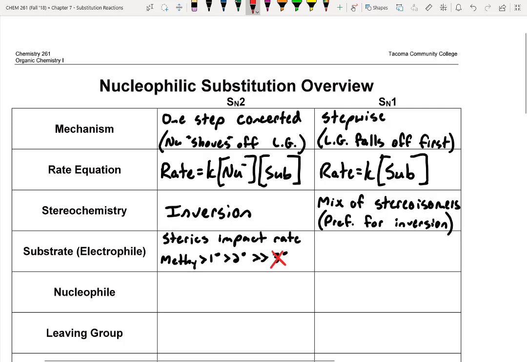All right, with Sn1 reactions, the story is a bit different. It's not sterics that we're concerned with. Instead, it's carbocation stability. And we know from experience that resonance is the best, which is better than a tertiary carbocation, which is better than a secondary, which is better than a primary, which is better than a methyl.